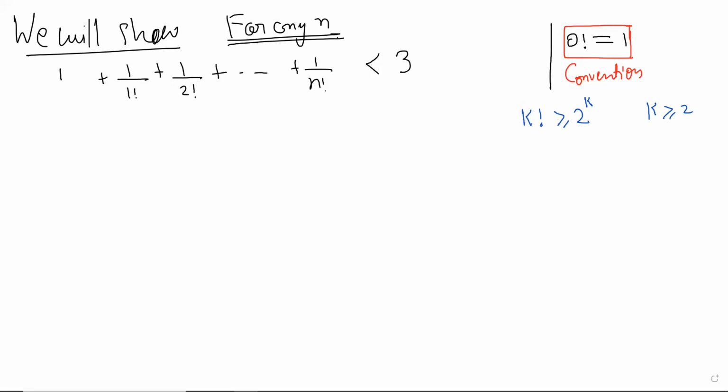Do you have any ideas? Will be greater than 2 raised to 1 by 2, or 1 by 2 raised to 2.